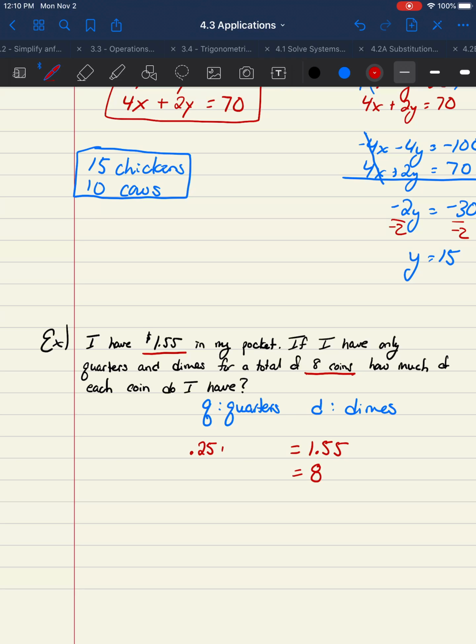What is a quarter worth? 25 cents per quarter, plus what is a dime worth? 0.10 per dime. The 8 is how many coins I have. Well, I have quarters and dimes for a total of 8 coins. Now, just like the problem above, I'm done with the word problem. Once I write my equation, the word problem is used. I don't need it anymore, and I'm going to solve the system.